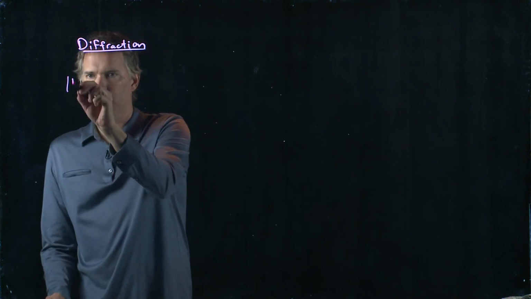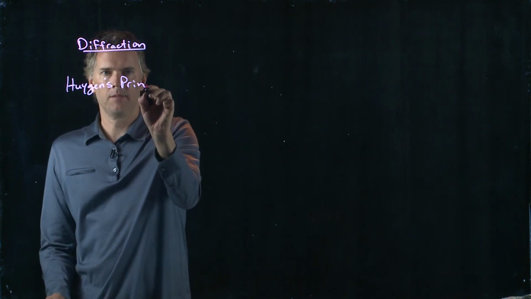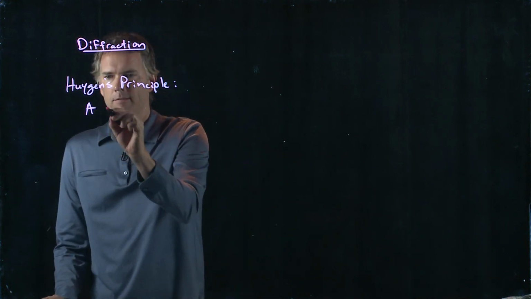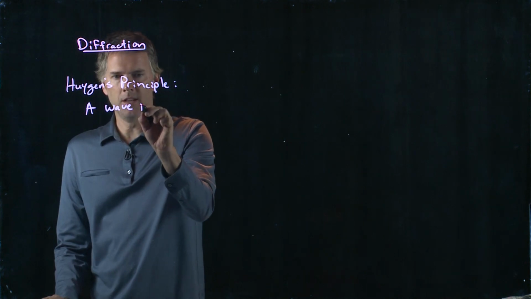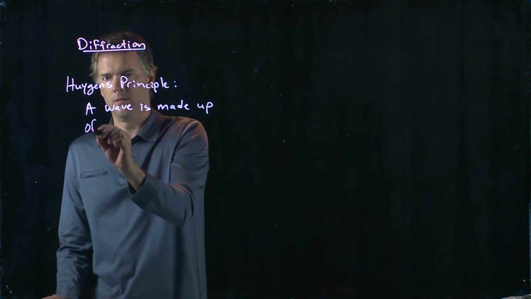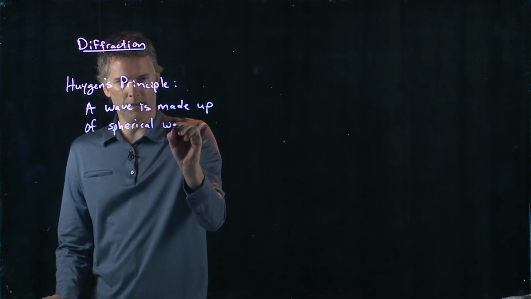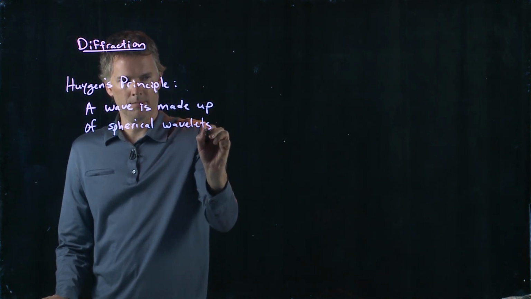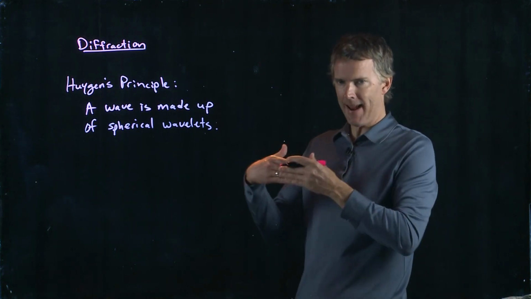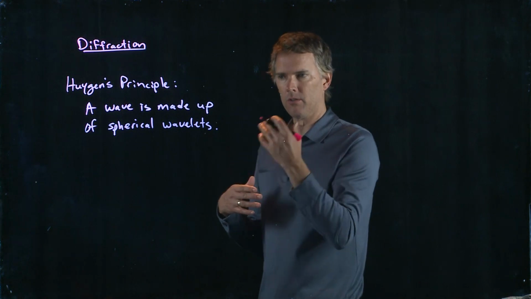So Huygens principle is the following. A wave is made up of spherical wavelets. Okay? A wave is actually made up of these things, these spherical wavelets.